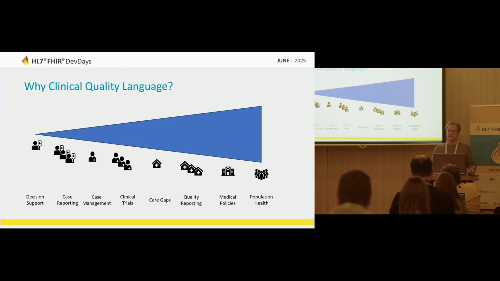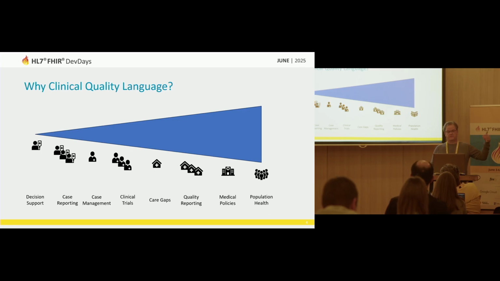In the decision support domain, we had VMR, and in the population health domain, we had QDM and HQMF. And you couldn't really bring those together. They were completely separate technology stacks, so you couldn't share content between them. But they really are two different sides of the same coin. When we talk about what it means to be a diabetic in a decision support case, we should be able to use that same logic in a population health case. And so we focused on those two extremes.